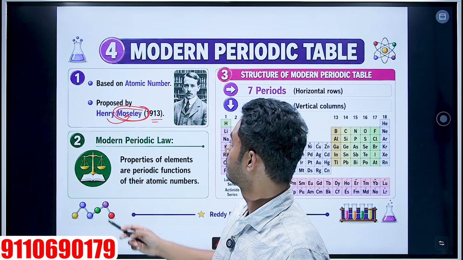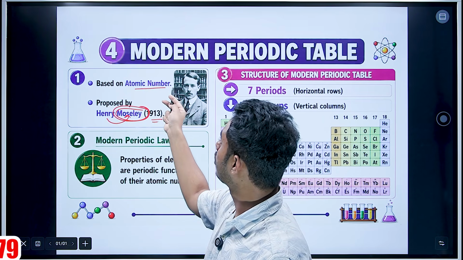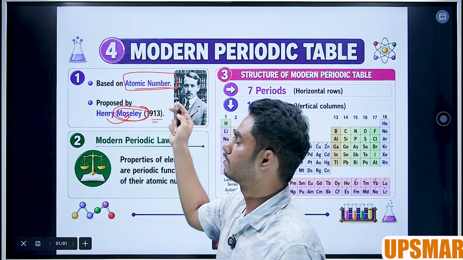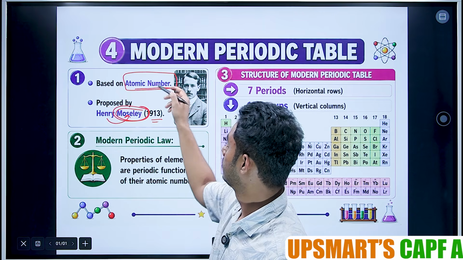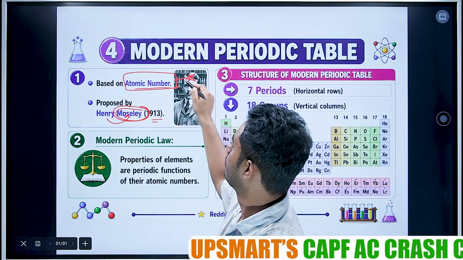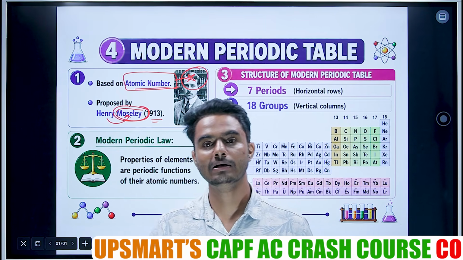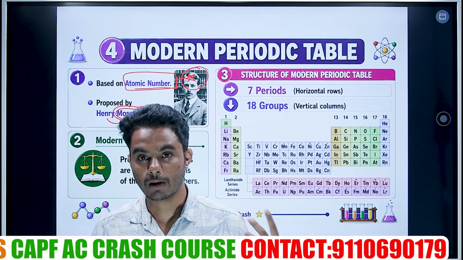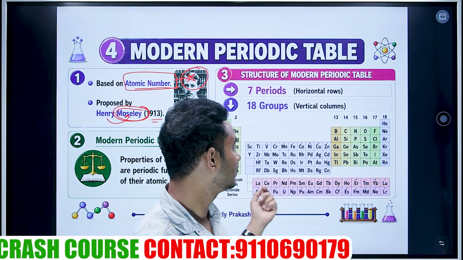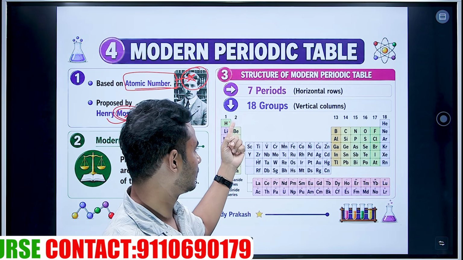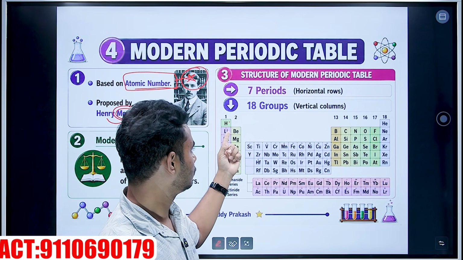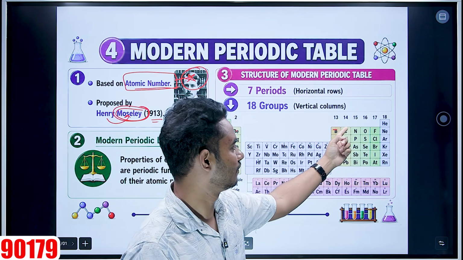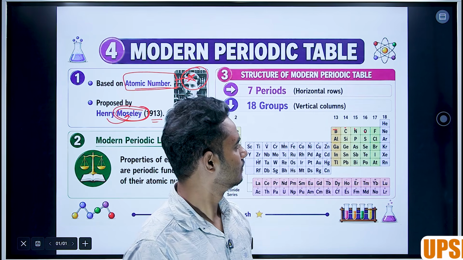He based it on atomic number, not on atomic mass. This is the most important fact. Before him, everybody placed the periodic table based on atomic mass. But this person placed it based on atomic number: 1, 2, 3, 4, 5, 6, 7.